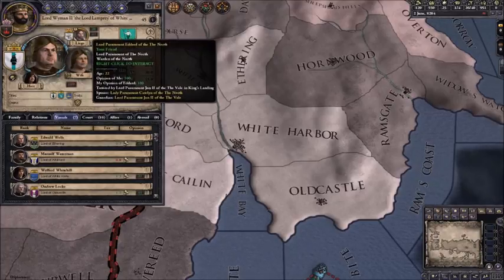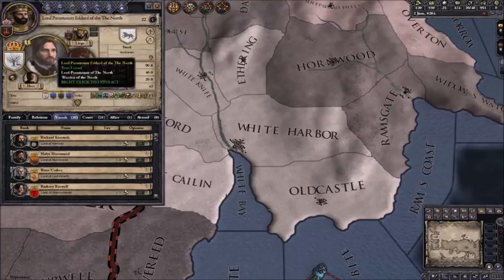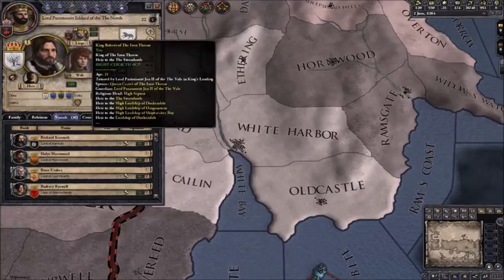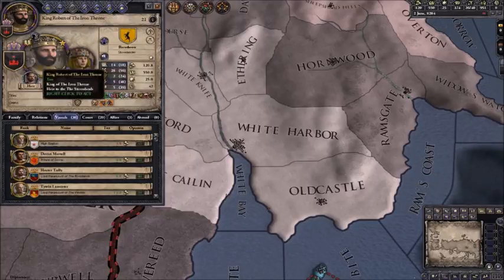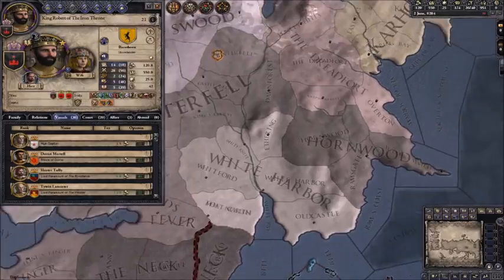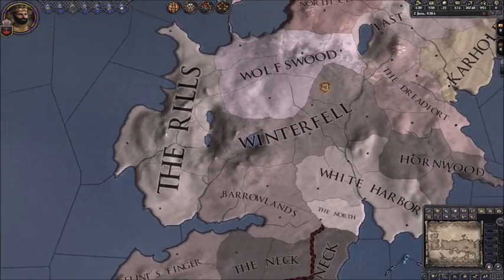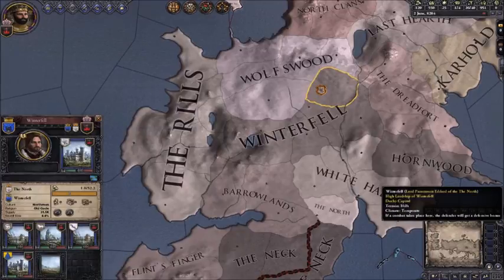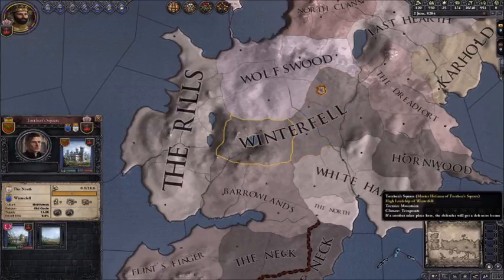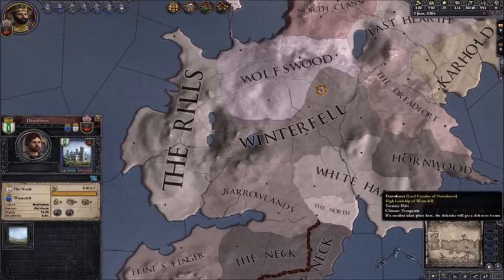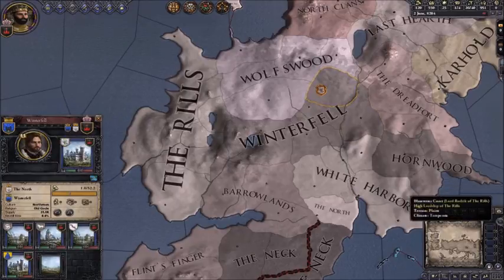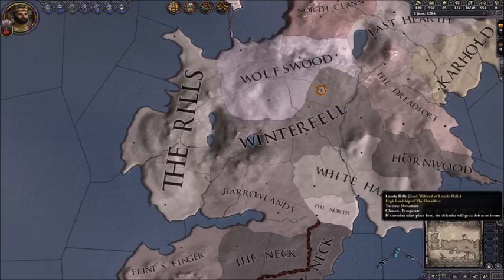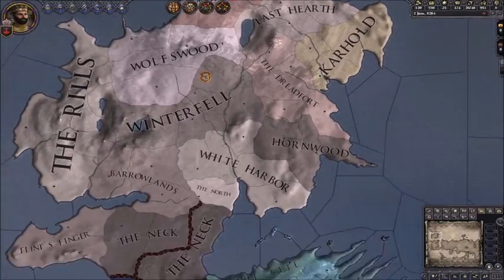So if we look at, generally speaking, lords paramount also possess a high lordship or a duchy of their own because if they don't control a certain amount of land directly, then they're weaker than basically all of their vassals, which is one of the reasons why Westeros is so unstable, because if you look at regions, the crown lands are tiny. And they look a bit bigger here, but they're very sparsely populated.